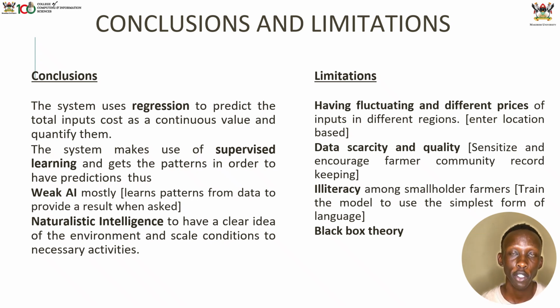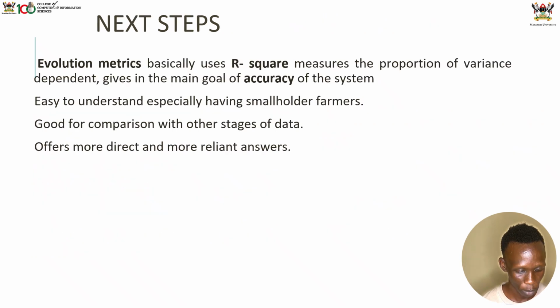Then illiteracy. For illiteracy, after sensitization, farmers will have a clear view of how it works. Some farmers don't have smartphones, so how will it work? It can also have offline messages, SMS, that can be sent to you, so you can know whether you're fit for the investment, as said before.